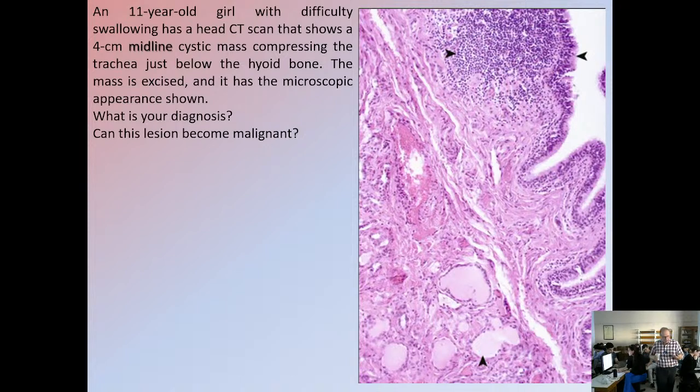So if it was not close to the midline, but somehow beyond, it could be a lymphoepithelial cyst. However, it's not the case here. Lymphoepithelial cysts are described in the region, not so close to the midline.